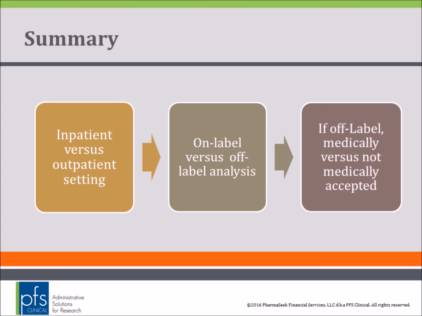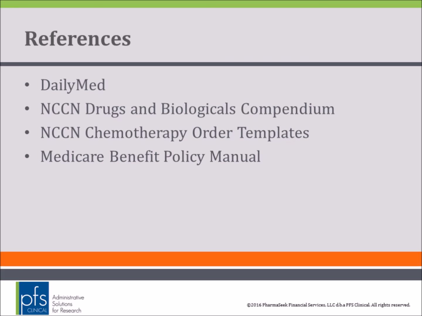We reviewed a sequence of steps by first determining whether a drug is administered in the inpatient or outpatient setting by referencing the study protocol and consent forms, providing support for inpatient drugs by citing Medicare Benefit Policy Manual Chapter 1, then determining whether an outpatient drug is on-label or off-label, citing DailyMed for on-label FDA-approved drugs, and lastly, determining whether an off-label study drug is medically or not medically accepted, citing Medicare Benefit Policy Manual Chapter 15, Section 50.4.5 or 50.4.2 for support. Here's a list of references that were used for this webinar.